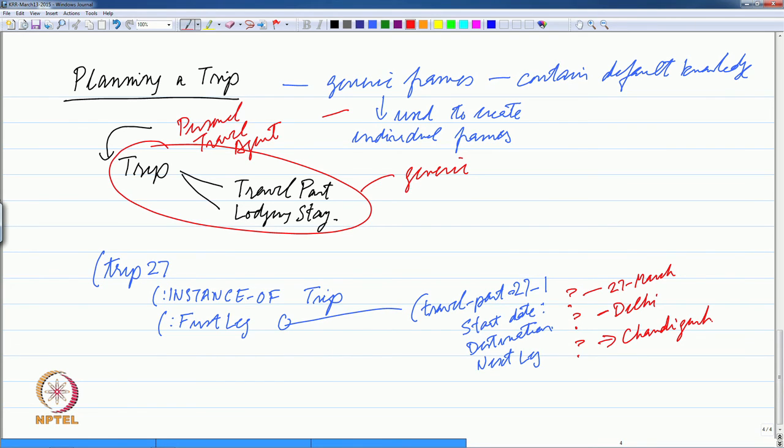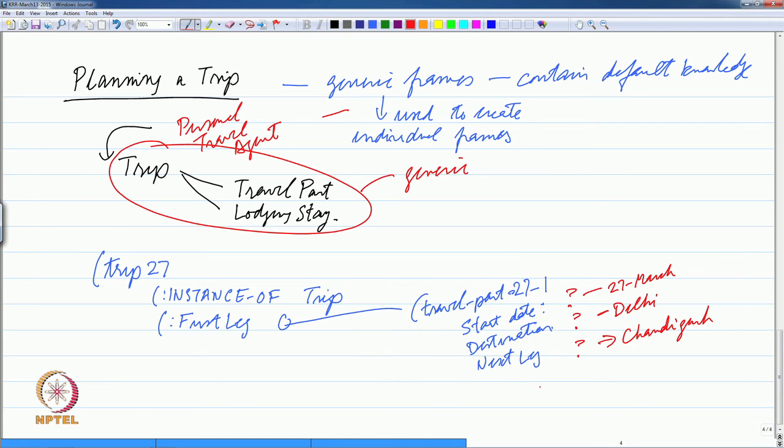The moment I fill in these 3 steps, maybe it will ask me when is the next date also. And let us say I say 29th.